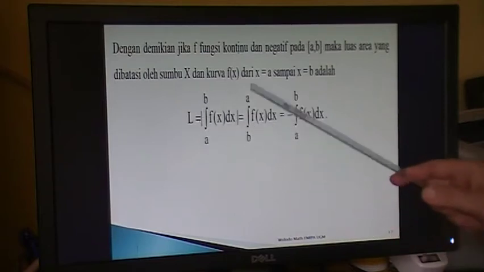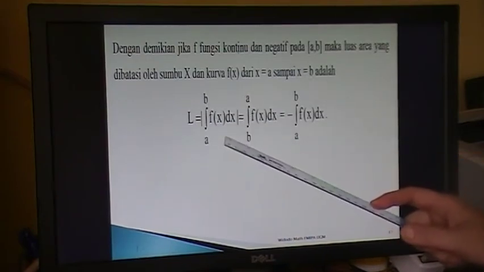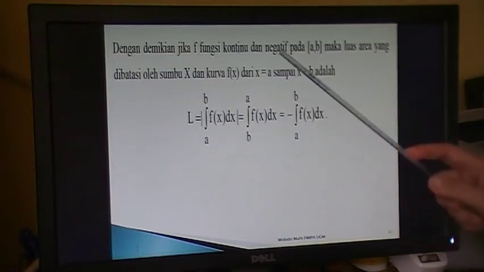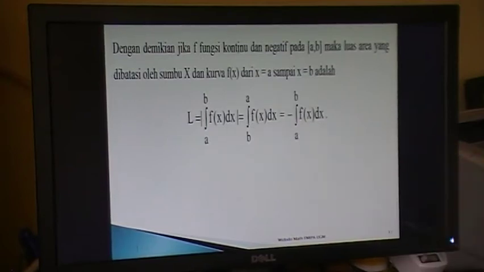We take the absolute value because the integral has a negative value when f is negative. Then we take the absolute value. So this is the negative of the value of the integral from a to b of f(x) dx. That is the consequence for the area when the function f is negative.